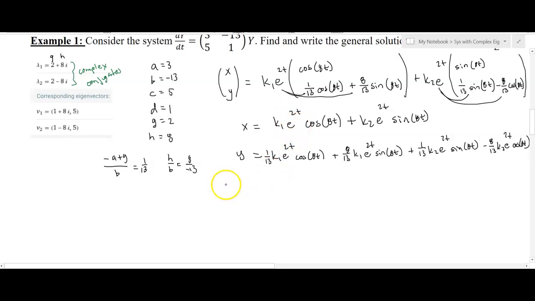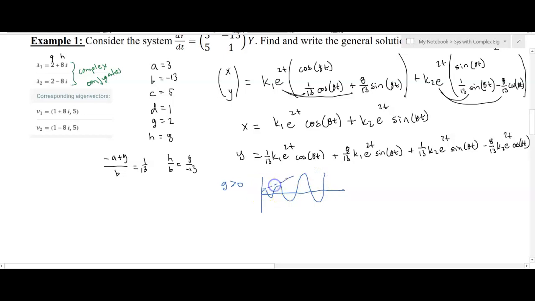So if we have g greater than 0 for this system, then for both x and y, all I have is an exponential times a cosine and an exponential times a sine, and they all have the same frequency. So what I would see is if g was bigger than 0 like it is here, the oscillations would progressively get exponentially larger.